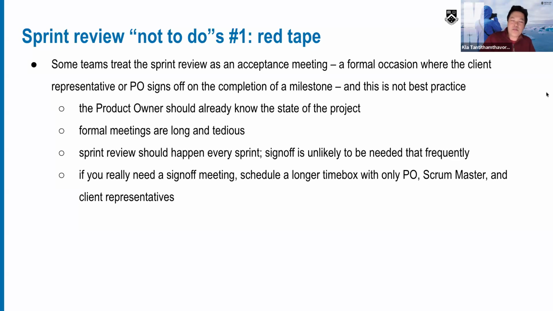This is really not the best practice, because the PO should know the state of the project. And sometimes the acceptance testing or the final deliverables take time and are tedious. You should consider the sprint review as a quick and short one, let's say 30 minutes. This is what we have done so far, A, B, C, D. Do you think we are ready to proceed with the final acceptance testing and things like that?